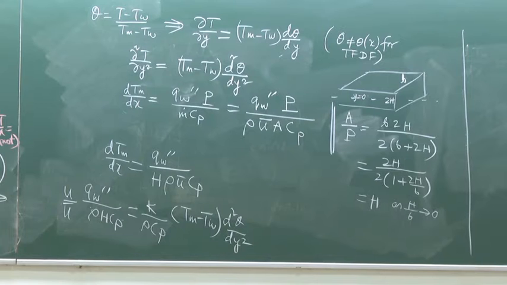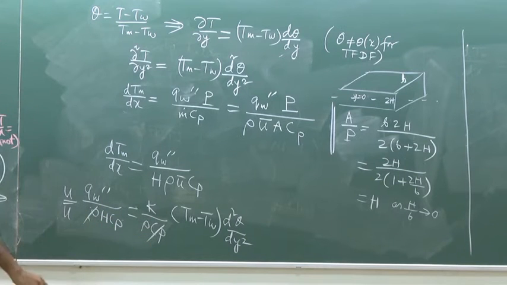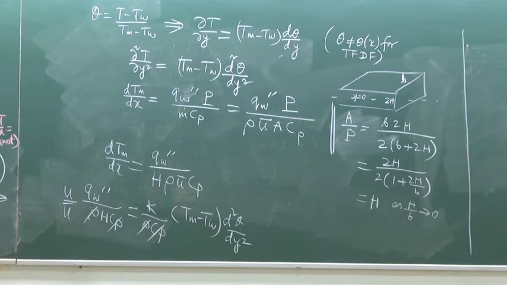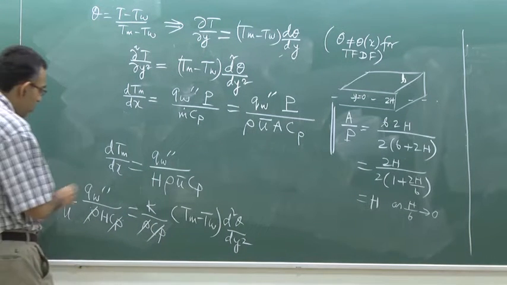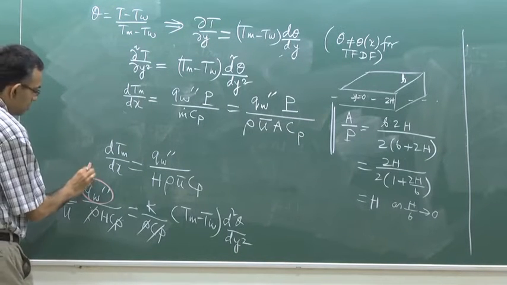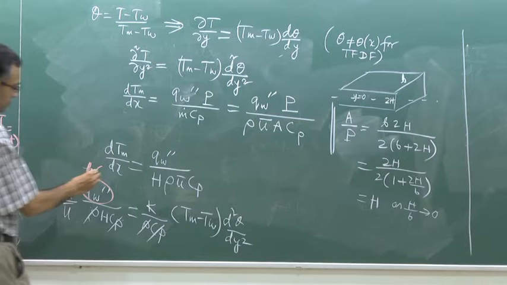Okay. Then rho Cp gets cancelled. In place of Q wall what can we write? Q wall is h into (T wall minus Tm).